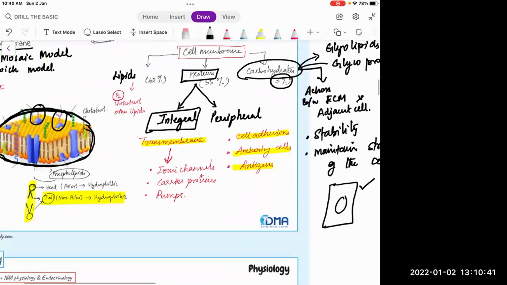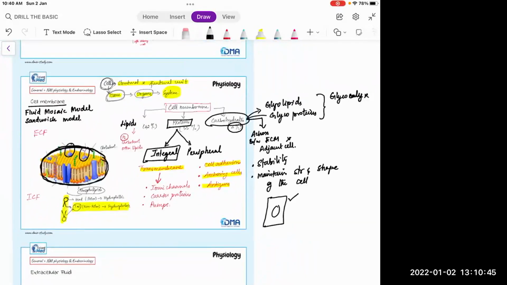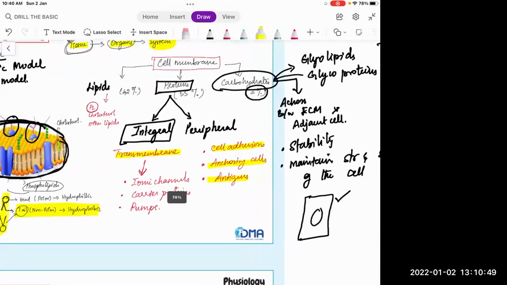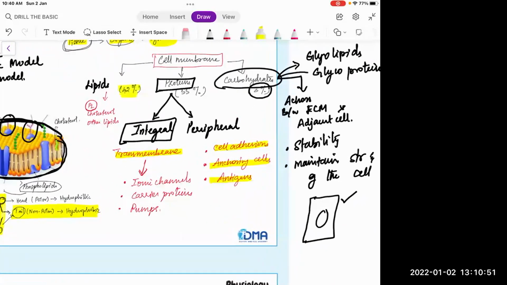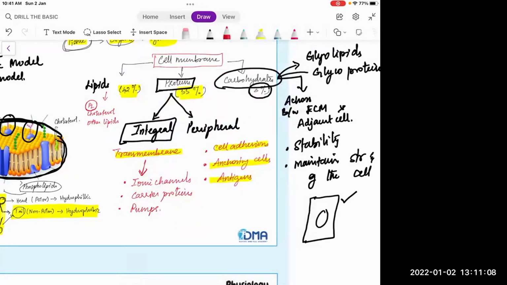Okay, so this is the introduction about the cell membrane. When you talk about the composition of the contents of the cell membrane, the lipid constitutes 42%, whereas the protein constitutes 55%. This is common in most of the cells, but there is one small exception in the case of myelins.